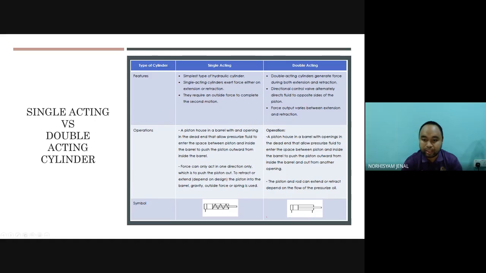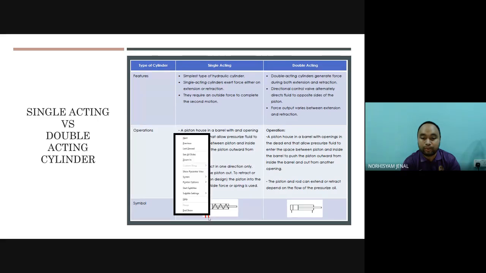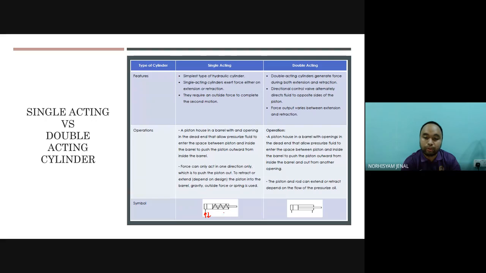So what does this mean? This is where your liquid comes in, and also this is where your liquid comes out. So we have a single port here, and a double port over here.